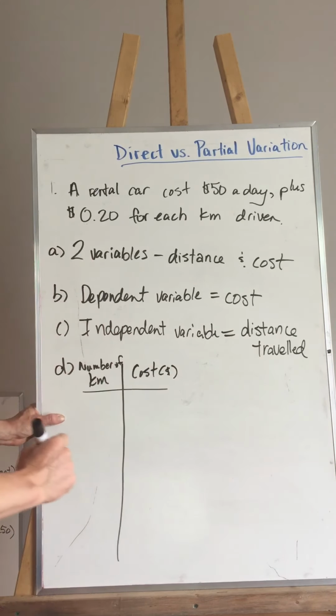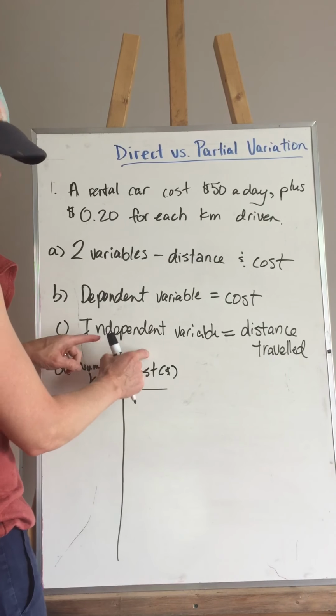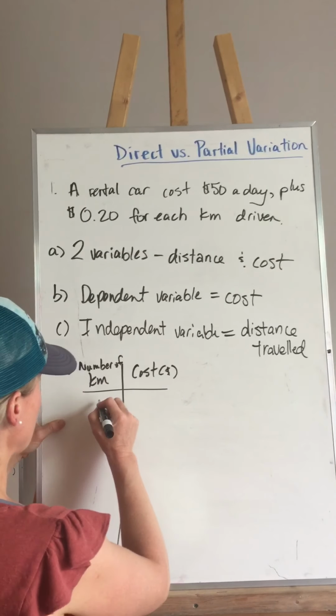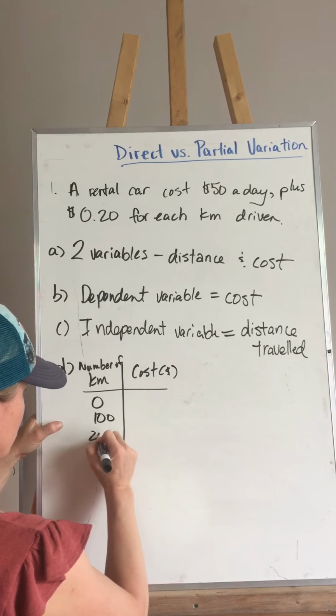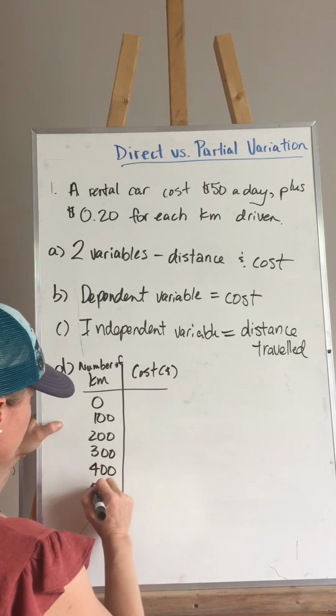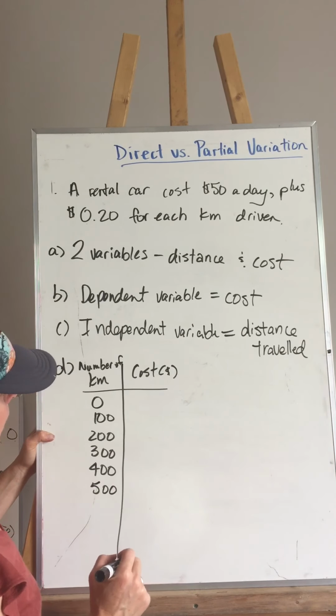This is another hint too: if you're ever asked for the variables and you're given a table, here are your two variables right here. So number of kilometers is going up by hundreds. We have to get up to 1,000. 100, 200, 300, 400, 500, and you can keep going up to 1,000.